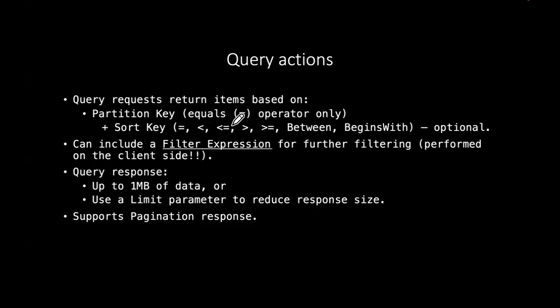And that's okay. If the sort key is a string, then you can use the begins with operator. There are a couple of other operators as well that I'm not mentioning here, like contains, and one or two others.